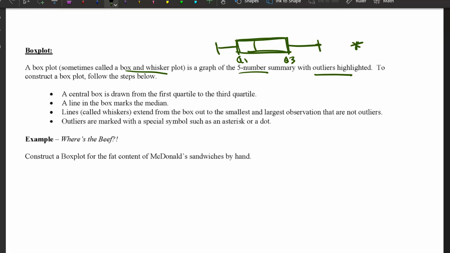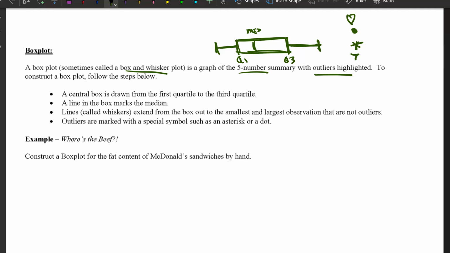A line in the box marks the median, so this would be the median. Then the whiskers go out to the smallest and largest observations that aren't outliers. So if there's an outlier in the upper end, it's going to go to the next biggest value, and this one would go to the smallest because there's no outliers. Outliers are marked with a special symbol, such as an asterisk or a dot or a heart or whatever you want to mark it with.